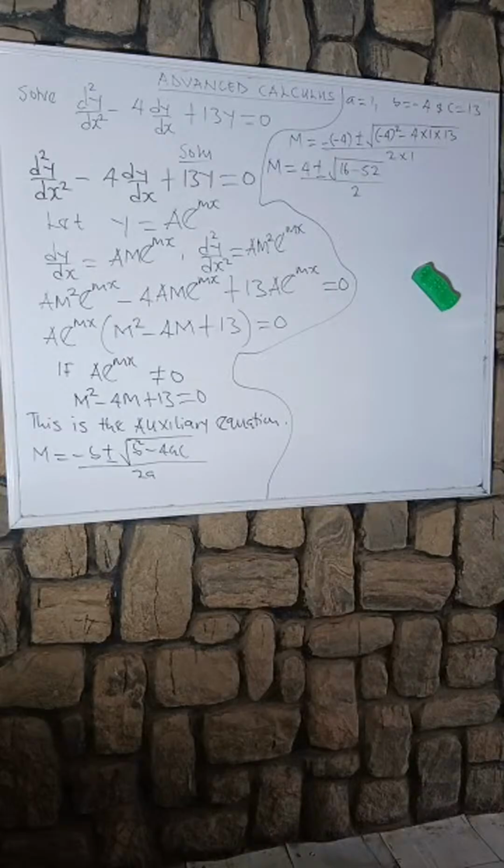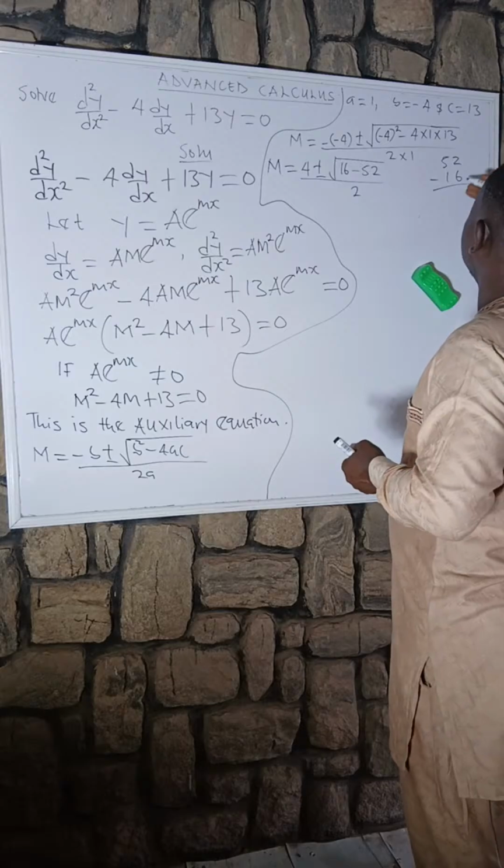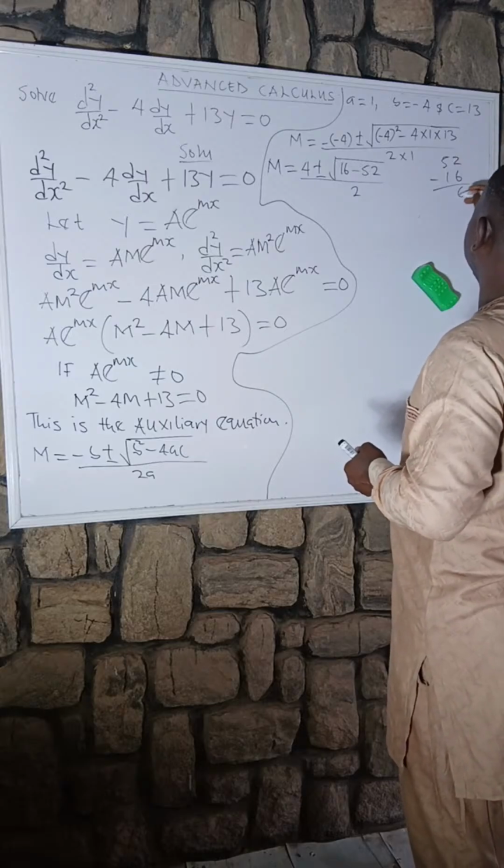So, as you can see, 52 minus 16, I will just do it this way. 52 minus 16, 12, borrow one from this 12, 12 is 6.